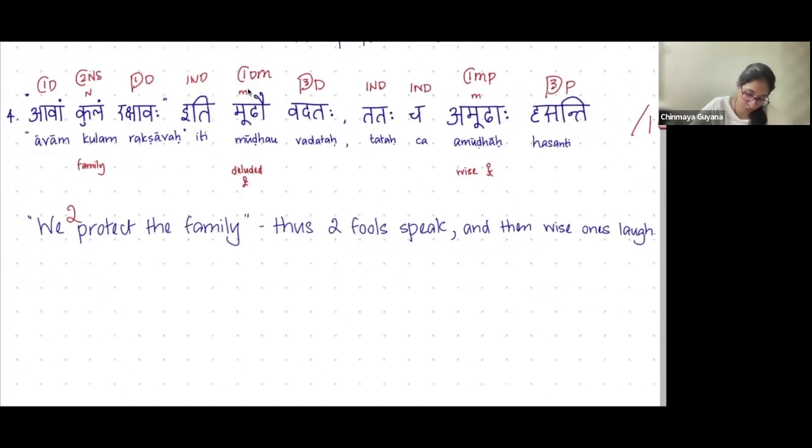So now your point is going to be for we to protect, that is 1. If you got the we too, that has to be there. The family is singular. So if you got the family, that's another 1 point. So there's 2. 2 fools, you had to get 2 fools. That is the third point. Speak means it should be that 2 fools speak.